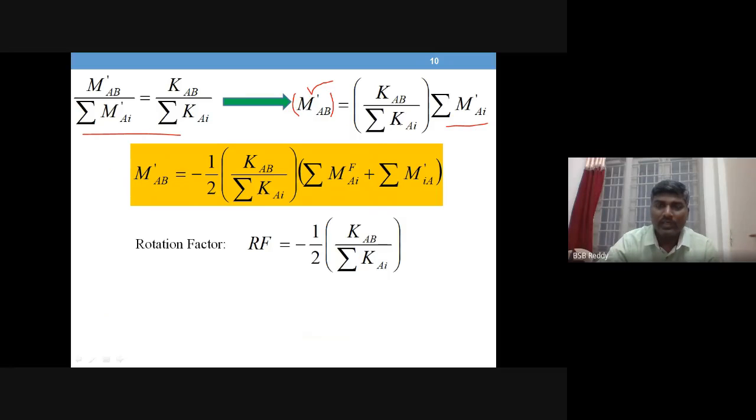So again, M dash AB is equal to, expand this one. What is sigma M dash AI?